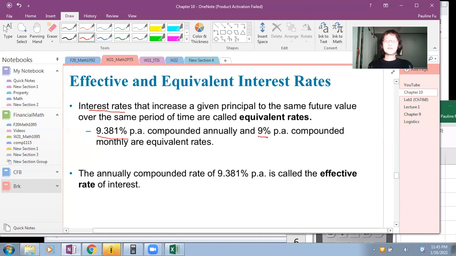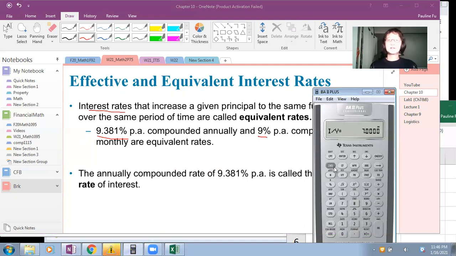What is the future value of this $1? If the future value under both situations is equal, these are equivalent rates. So let's verify the future value of this $1.